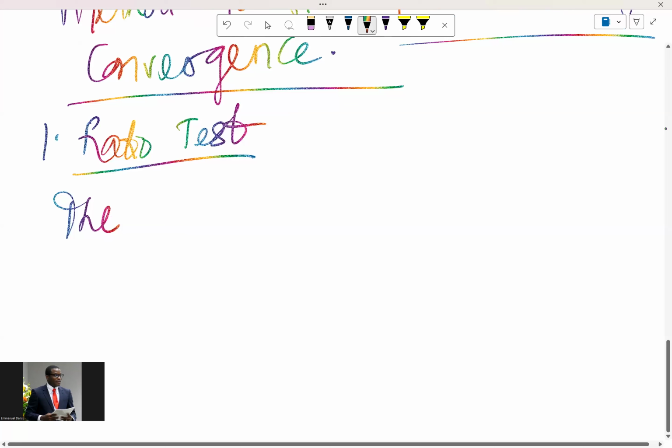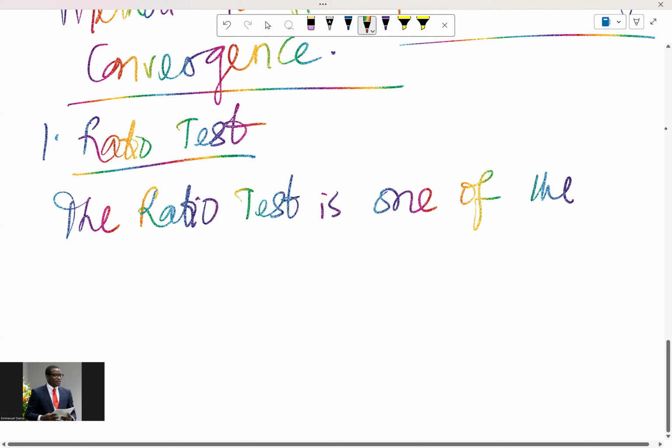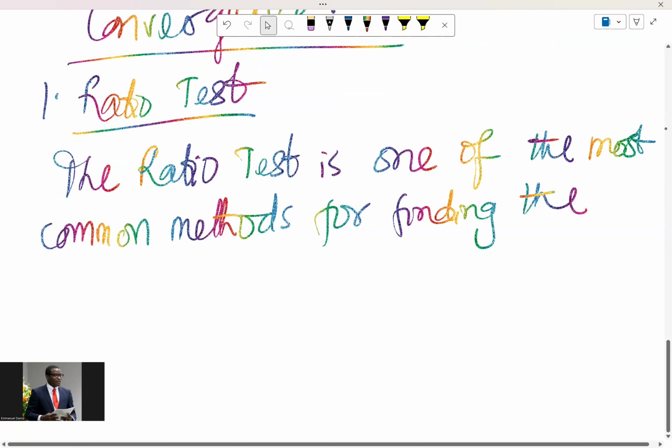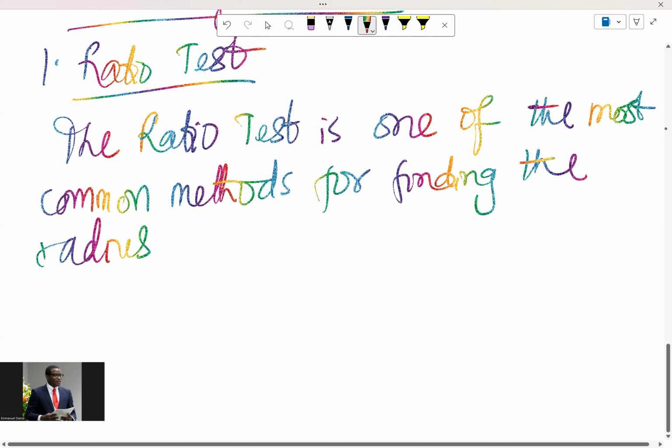So again, the ratio test is one of the most common methods for finding the radius of convergence.